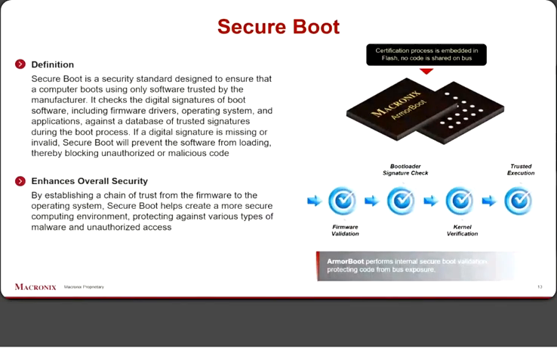So if a digital signature is missing or invalid, then the Secure Boot will prevent the software from loading, and therefore it'll just block unauthorized or malicious code. And so by establishing this chain of trust from the firmware to the operating system, the Secure Boot helps to create a more secure computing environment, protecting against various types of malware or unauthorized access.